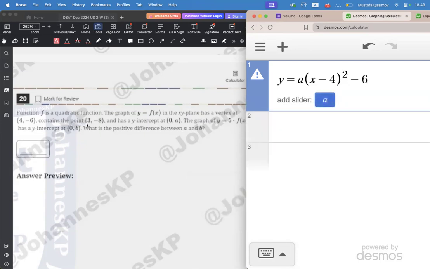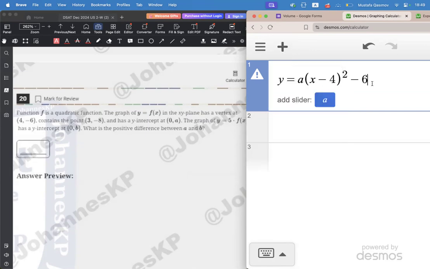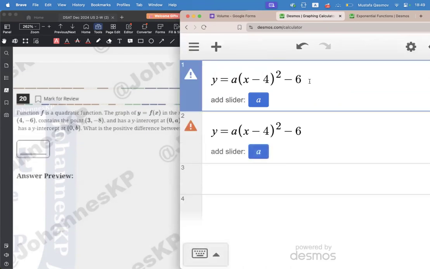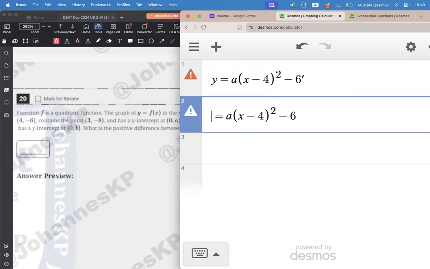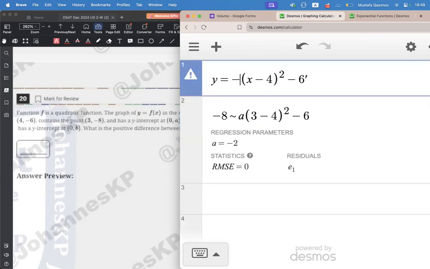Then we must use this point. We can use a table here if you want, but also you can write here. It's also okay. 3 and -8. Then find a from here. So it is -2.